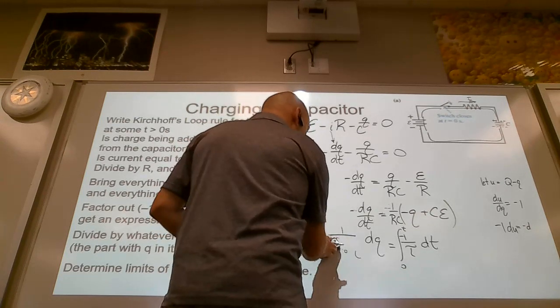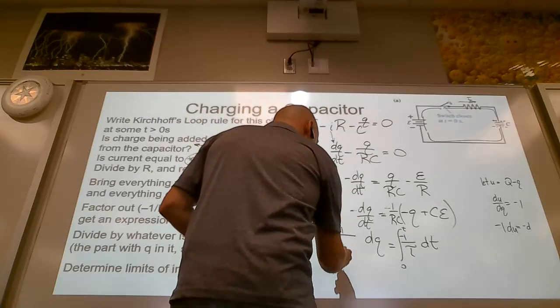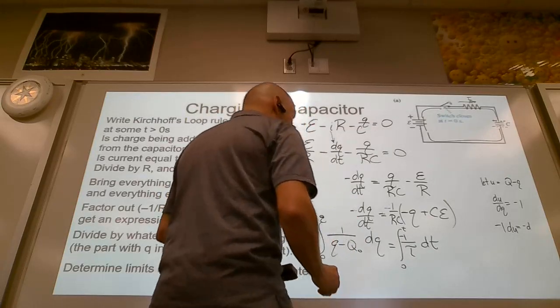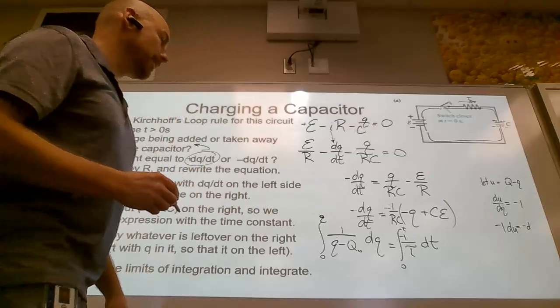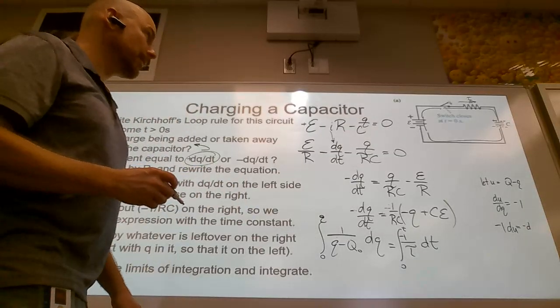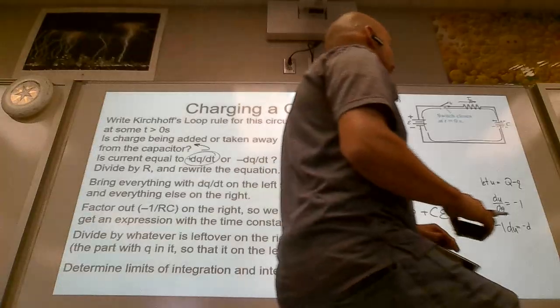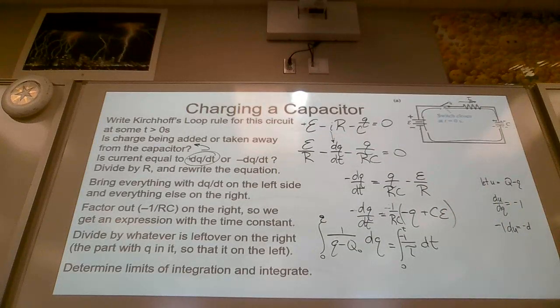And then make this q over that. And then that flips. Does that work like that? Zero minus q. That would flip that too.